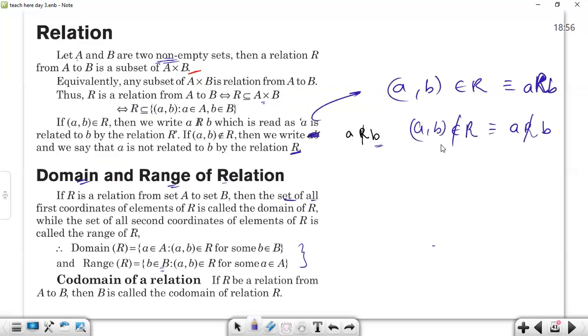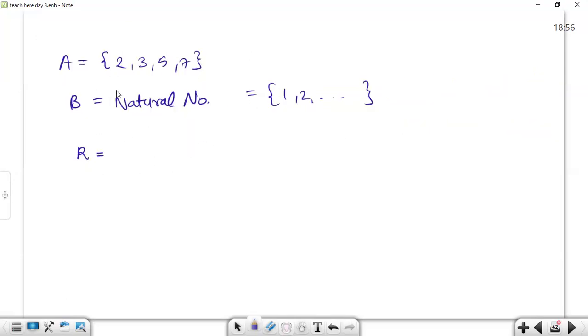Let's relate the set A and B with a relation of (X, Y) such that, for all X belonging to A, we are taking a relation in which (X, Y) are such that X must be equal to the cube root of the second element.